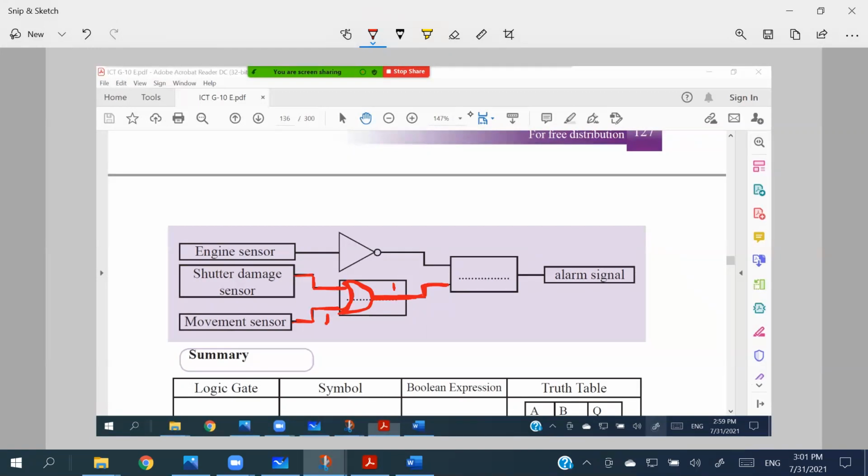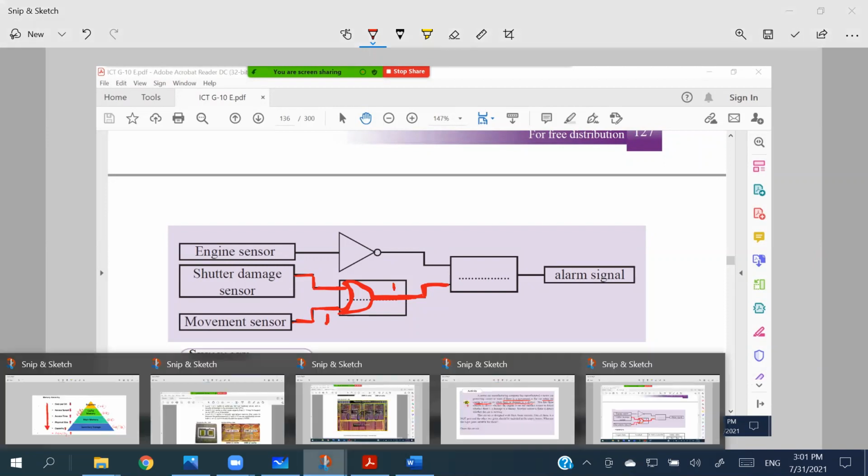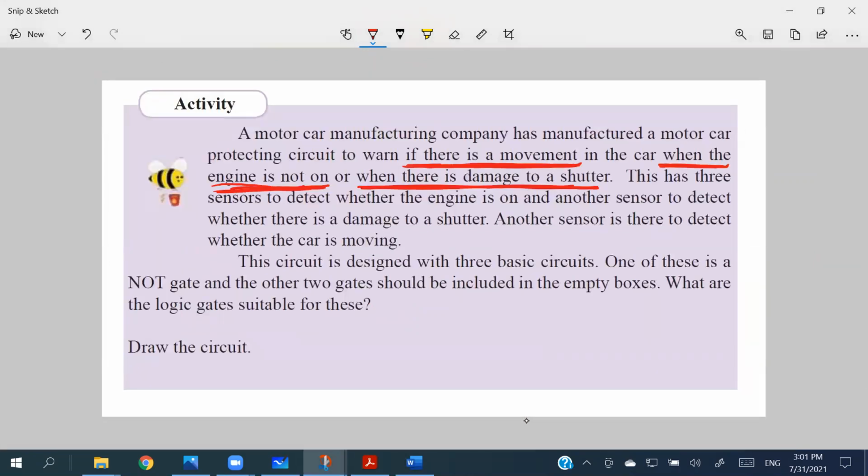Right? And to buzz the alarm signal, what should be the requirement? It says if there is a movement in the car when the engine is not on, or when there is damage to a shutter, right? So the sensors detect whether the engine is on, another detects whether there is damage to a shutter, and another detects whether the car is moving, right?